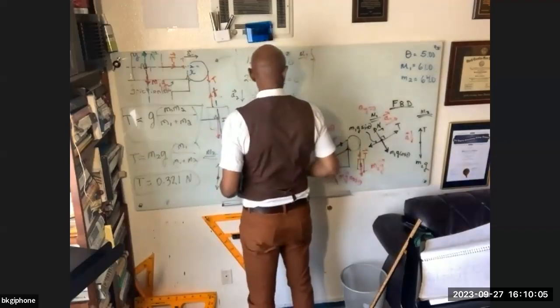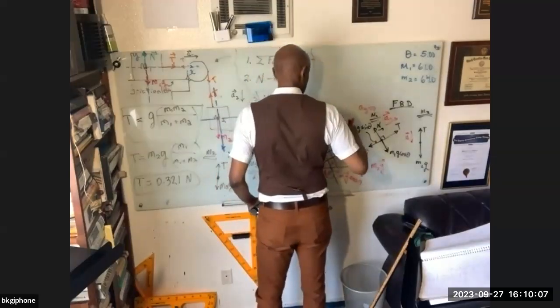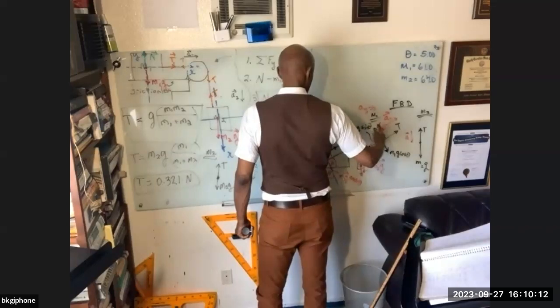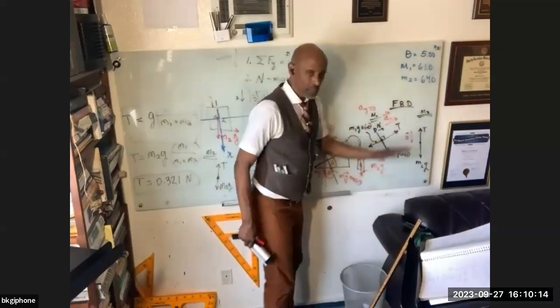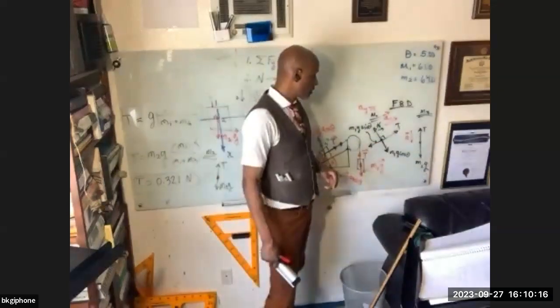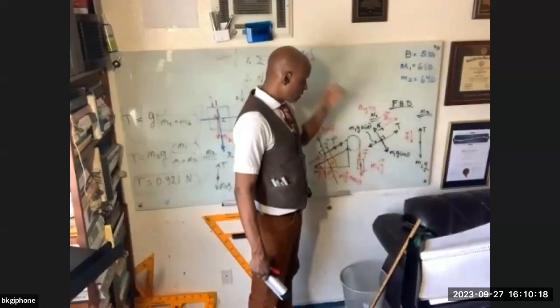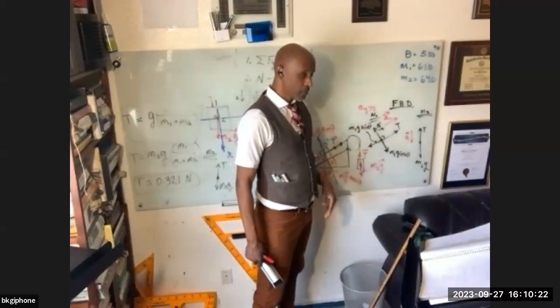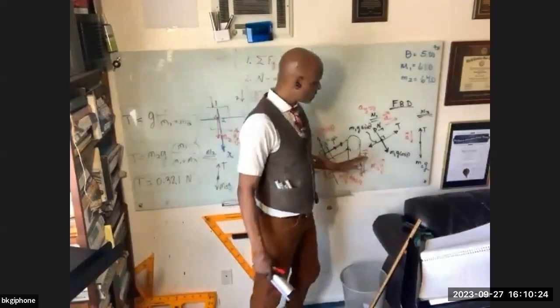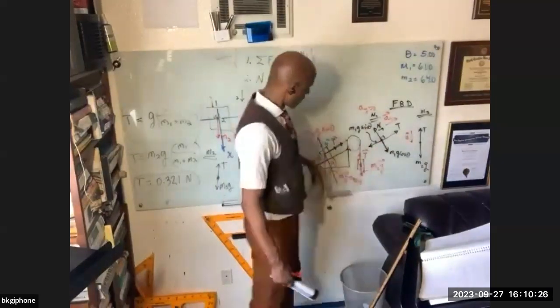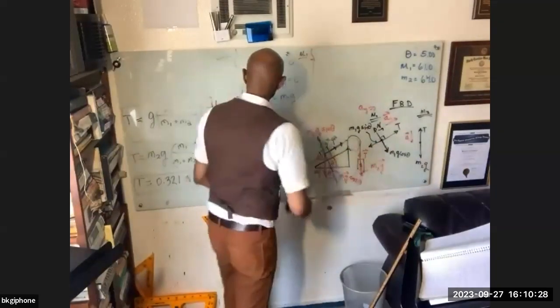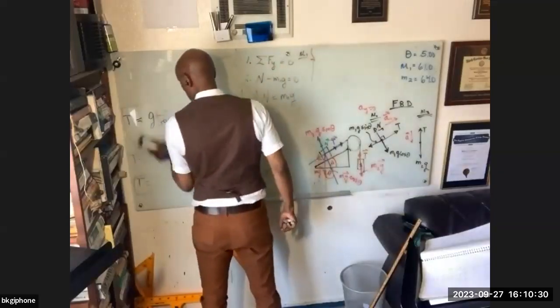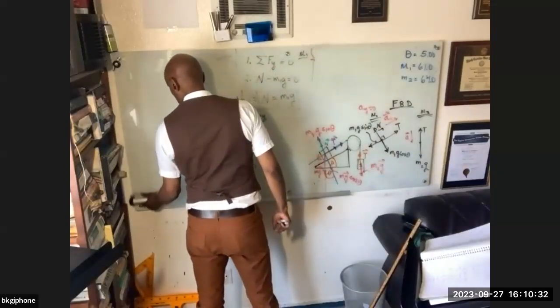Go for the y direction for this guy. And again, as this thing moves up the plane, now actually I should say something. Well, we'll get to that in a minute. But yeah, as it moves up the plane, it's not moving or accelerating along the y direction. So which law would be used for the y direction for block one? The y direction for block one. Anybody? First law or the second law?